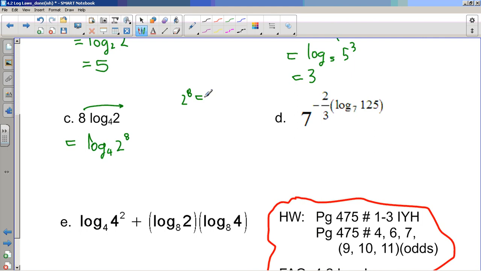We count by 2. 2 times 2 is 4. Then times 2 is 8, 16, 32, 64, 128, 256. I could write that as 256. But then what's 256 as a power of 4? Geez, I don't know. I'm going to have to reach for my calculator.